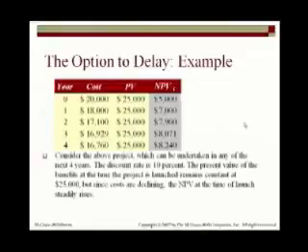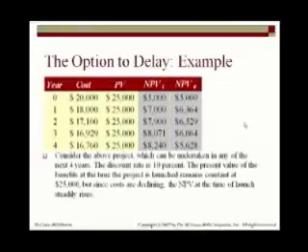And so what we need to do is bring those net present values all back to time 0. And when we do that, we see that it makes sense for us to postpone the decision for 1 year. It makes sense for us to postpone the decision for 2 years. But between 2 and 3 years, the present value of the net present value actually starts dropping.